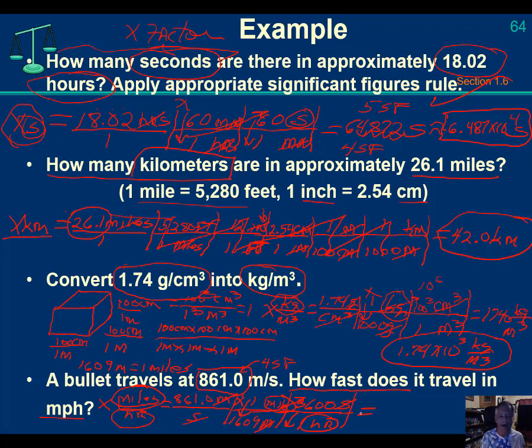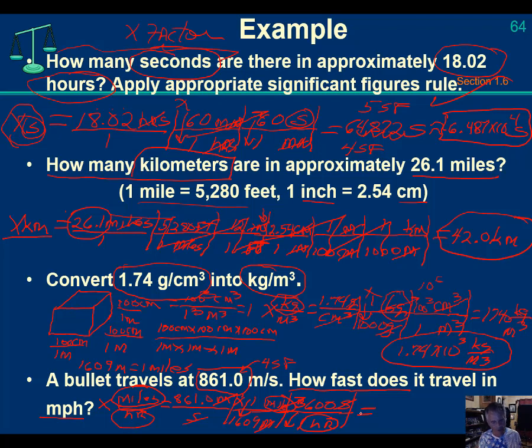861.0, and that's times 1, and you don't have to put the times 1 because that doesn't change anything, divided by 1609, and then times 3,600, and you don't have to divide by the 1 because that doesn't change anything.